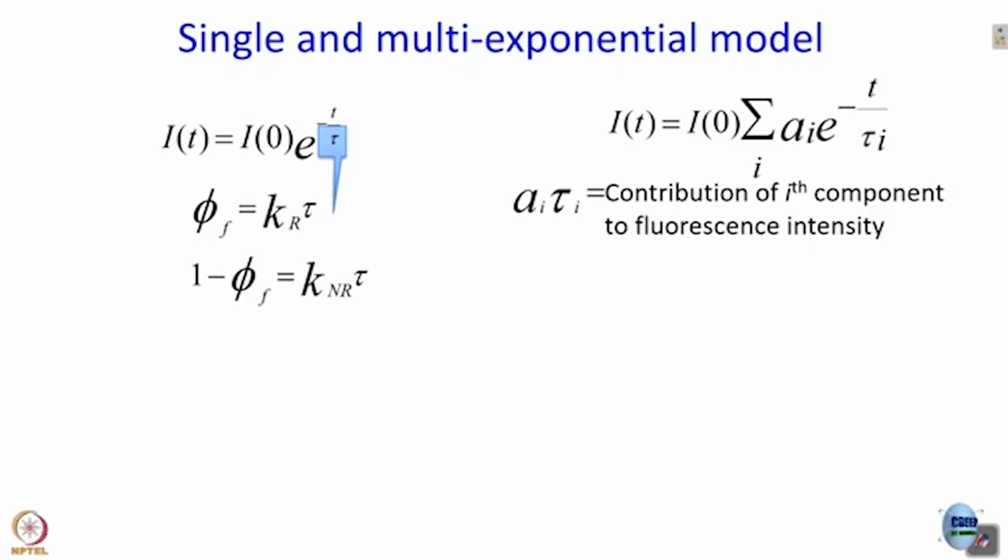Now, this point needs to be understood very clearly in order to go further ahead in the discussion of time resolved fluorescence spectroscopy. See, A i into tau i, say i is some component, right. Let us think that there are two components, tau 1 and tau 2.